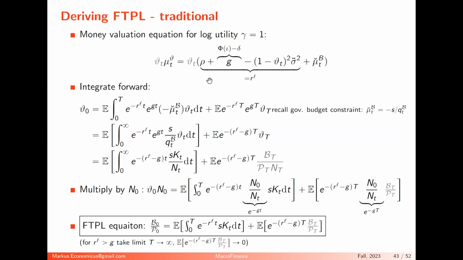Once I integrate this forward, I get this expression, and I replace this mu check with my government budget constraint. So this mu check, if I print more bonds, then I can afford a negative primary surplus. That just replaces mu check with S over QB.